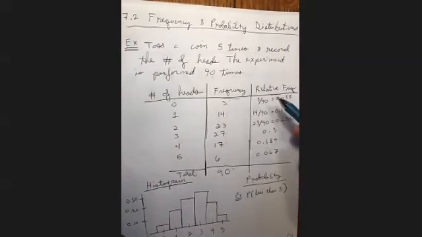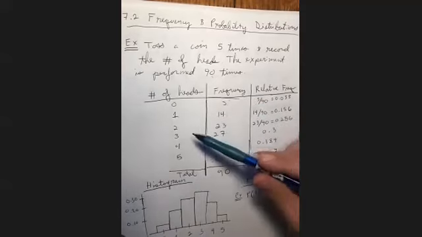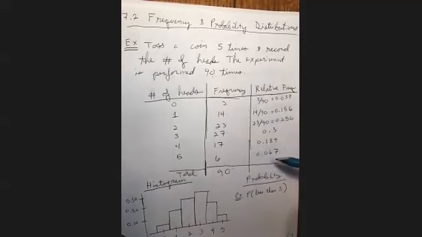As I said, these are just like percentages, really. I can see this first relative frequency as 3.3% of the observations had no heads. Here we have 15.6% had 1 heads, 25.6% had 2 heads, 30% had 3 heads, 18.9% had 4 heads, and 6.7% had 5 heads.